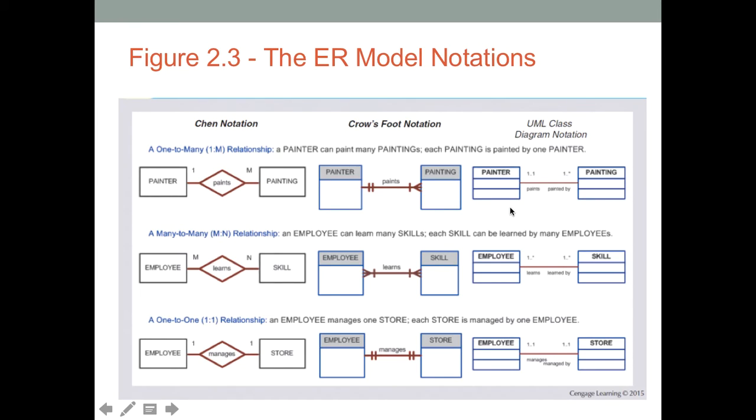The next one, the UML class diagram notation. This is a newer class diagram notation, which is part of the Unified Modeling Language, UML. The connectivities are represented by lines with symbols.